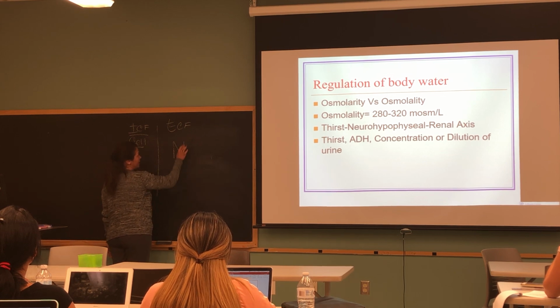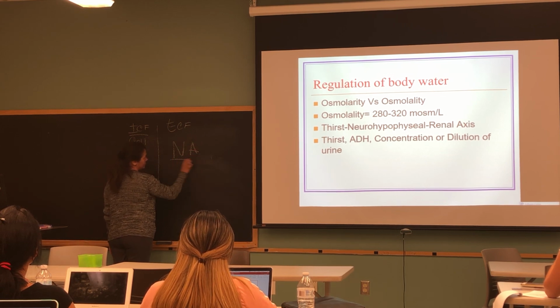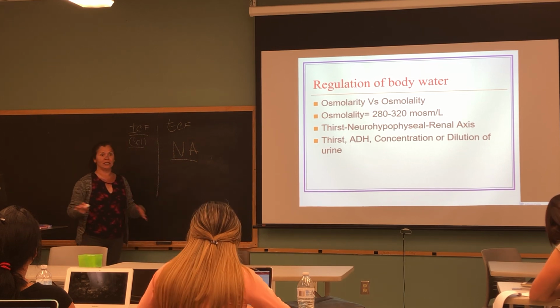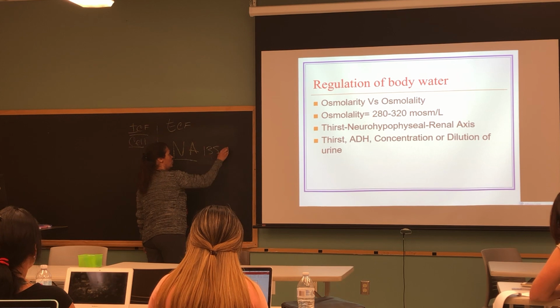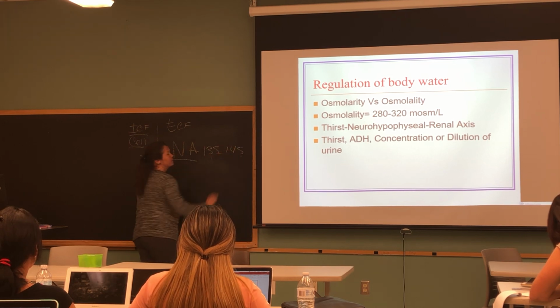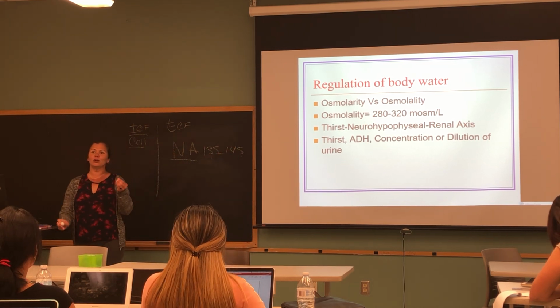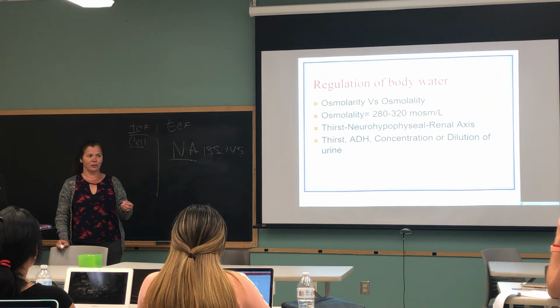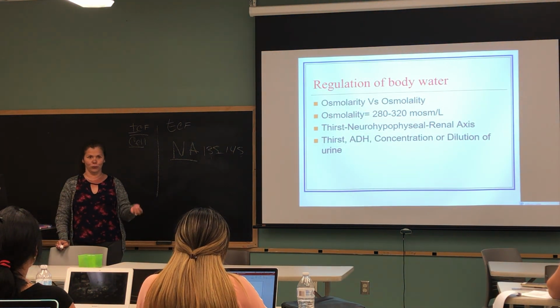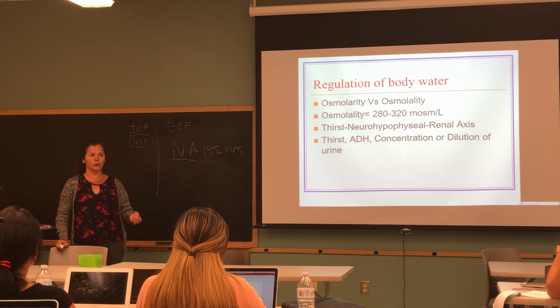If I tell you hypernatremia, remember that normal is 135 to 145. Remember you have what's called diffusion and osmosis. The sodium controls diffusion of solutes.